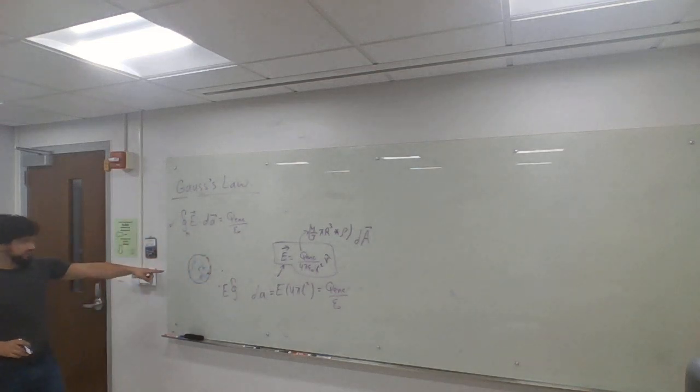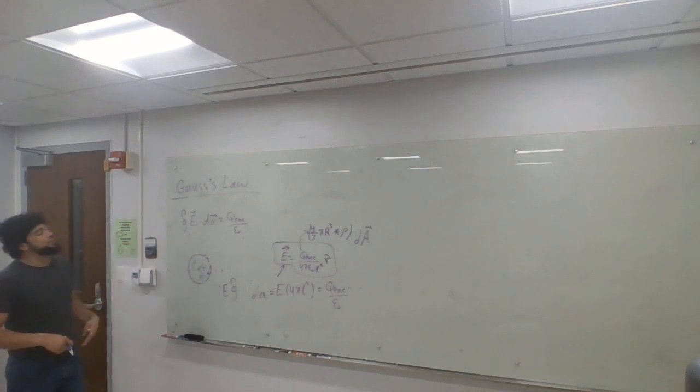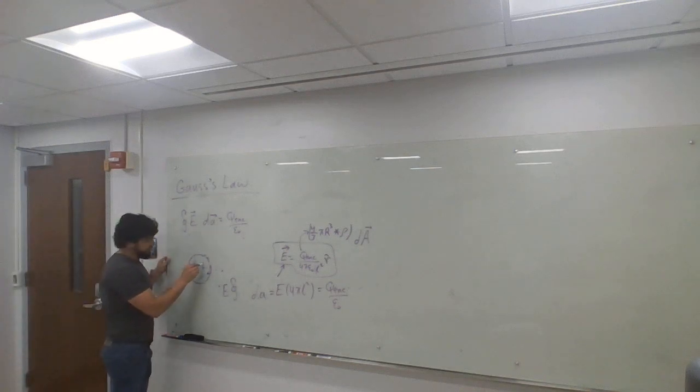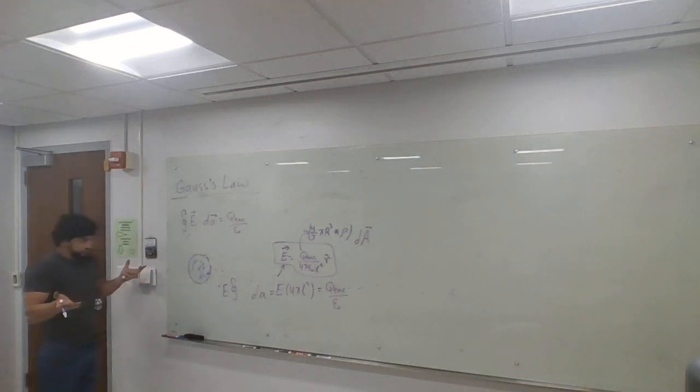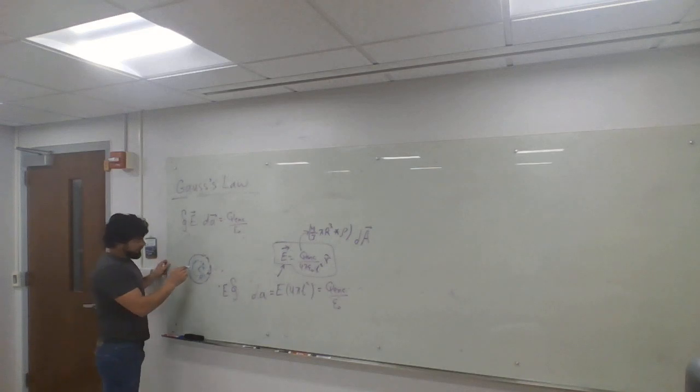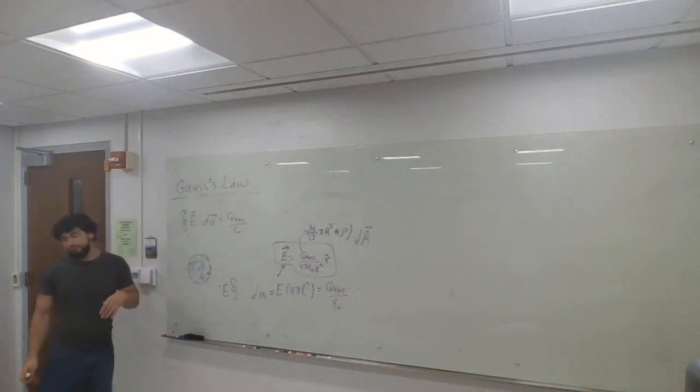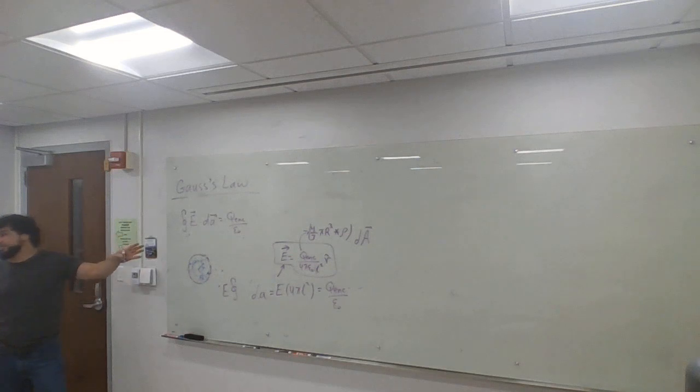Okay, if I want to find it inside, again, I apply the same law. By symmetry, it's a spherical symmetry. This point is the same as that point, the same as that point, and so on. On a sphere, it's symmetric. And each point, suppose this point will give an electric field. There's another one that will give an electric field, the same magnitude, and the tangential components will cancel. You have radial components only.